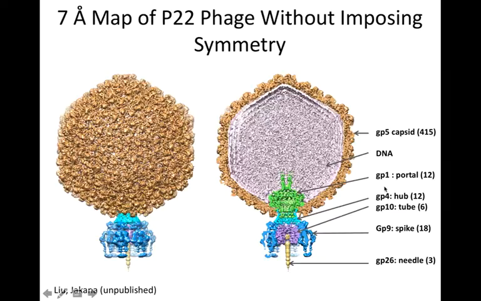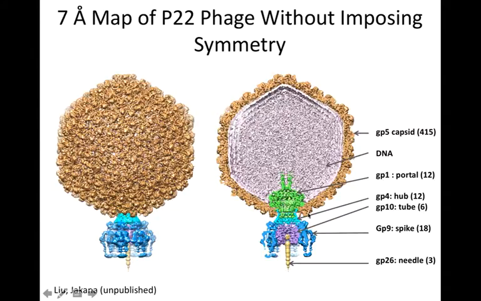We have the GP5, GP1, GP4, GP10, GP9, and GP26 that make up this special vertex, and each of these proteins is represented by a different color and has a different number of copies. Like this portal protein, the green protein, there are 12 copies, which are surrounded by 10 copies of the capsid protein that we talked about in detail in the previous slide.